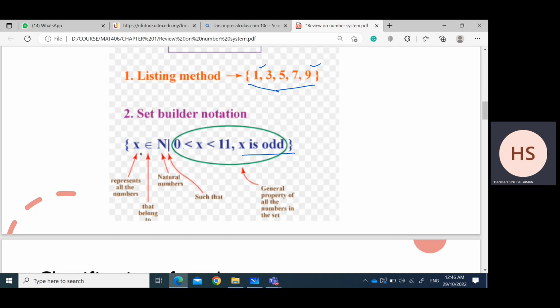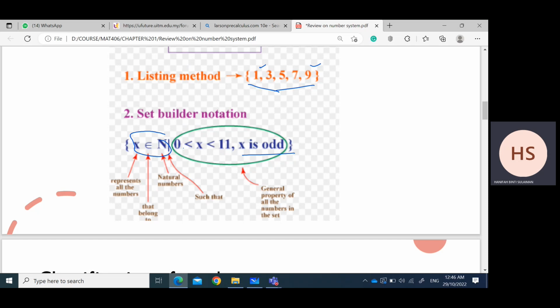Okay, so dia kata dekat sini, X terdiri daripada natural number. Natural number adalah nombor positif yang start daripada kosong, contoh 0, 1, 2, 3, 4, 5 and so on. So that is a natural number.